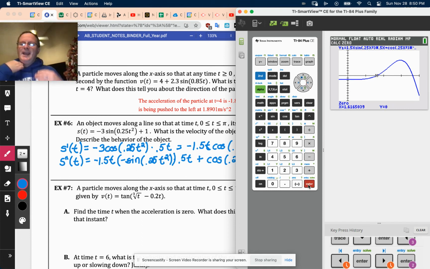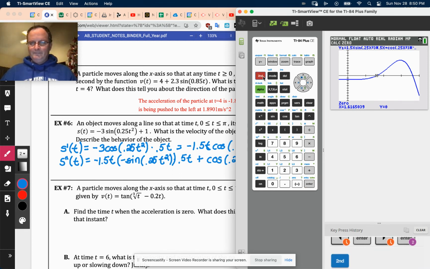Now, here's the cool thing. X is currently going to be in my calculator, this 1.6 and so on. There's two ways I could do this. I could say I want to know what the value is for the velocity at that particular moment.